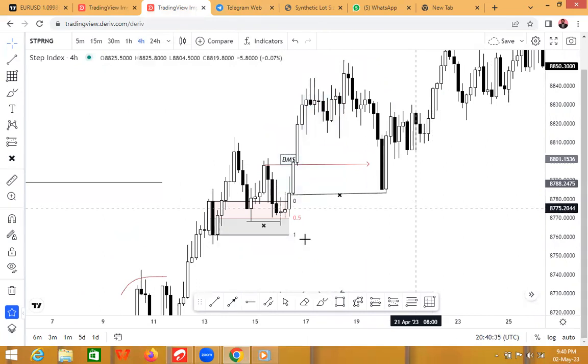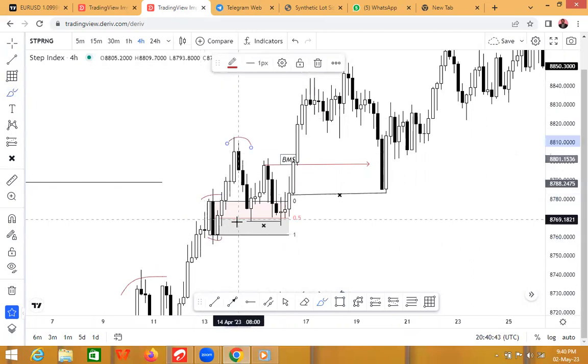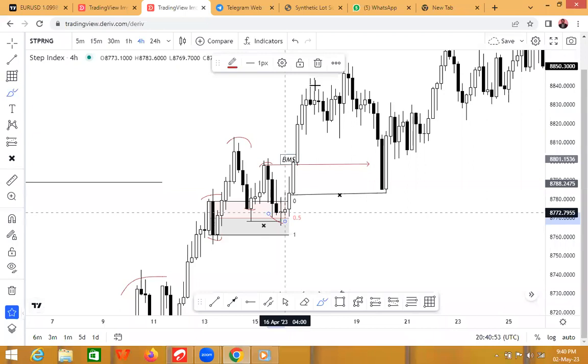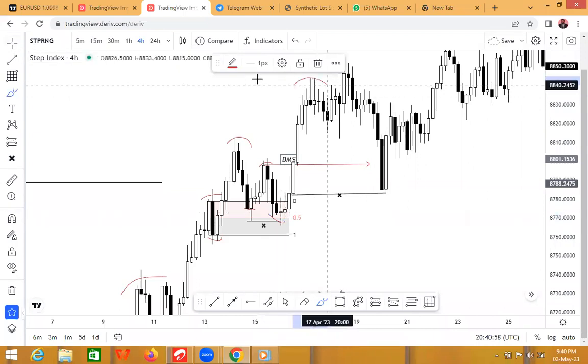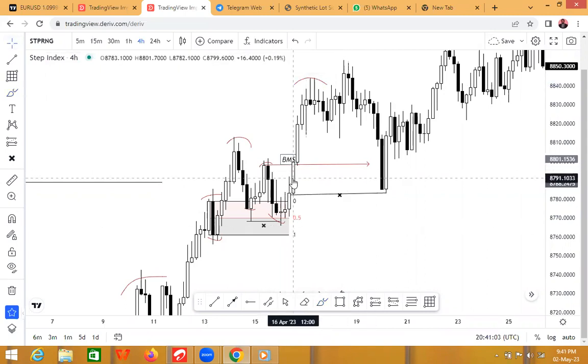We see that price gave us this high, this low, a higher high, traded into 50% of this, tapped into the 50%, and price gapped away, creating this high. You can identify that there was an imbalance here.